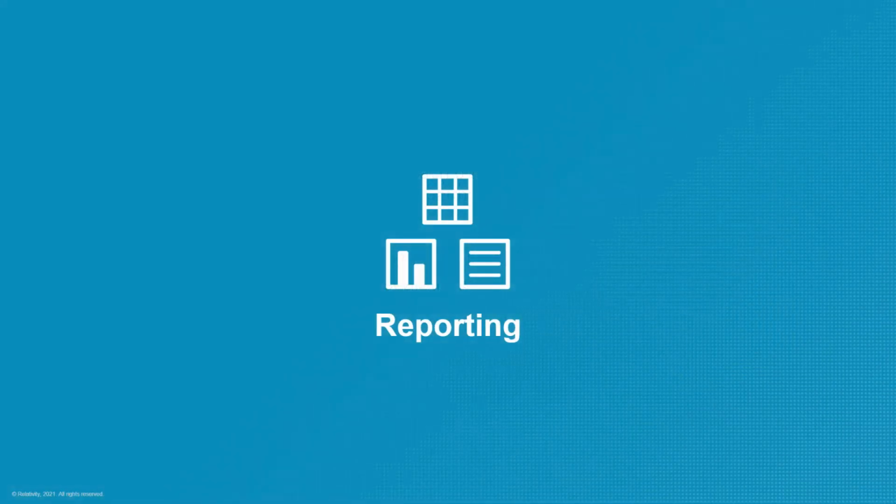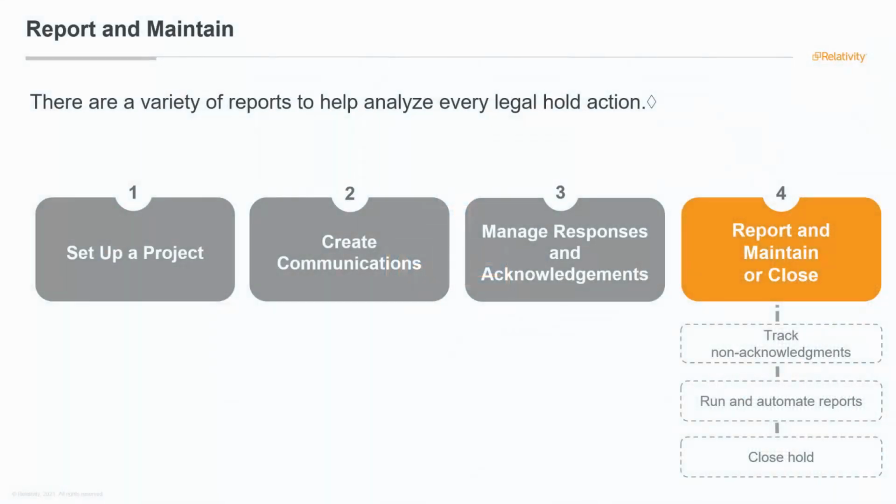The next step in our legal hold process here, now that we've covered projects, communications, custodian actions, migrating from legacy tools, is working with reports. So this brings us back to our 4-step workflow here to report and maintain or close. And there are a variety of reports to help analyze every legal hold action.